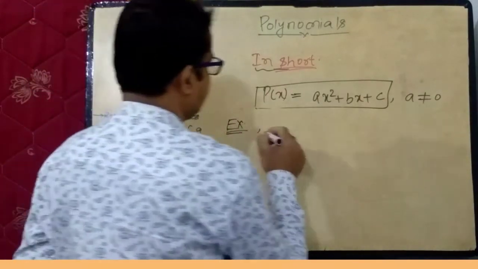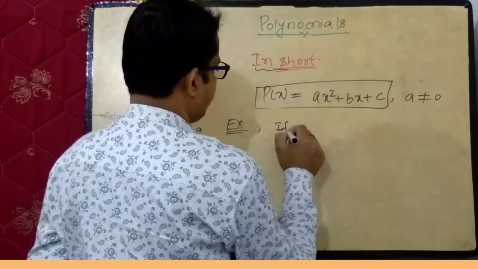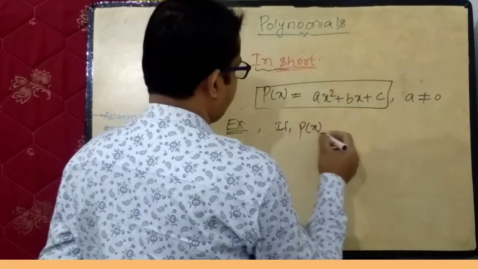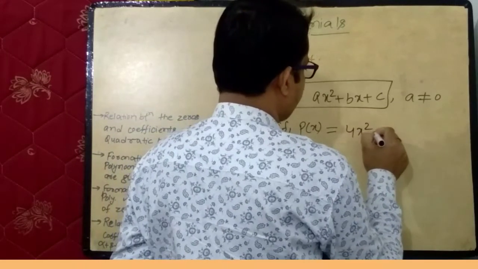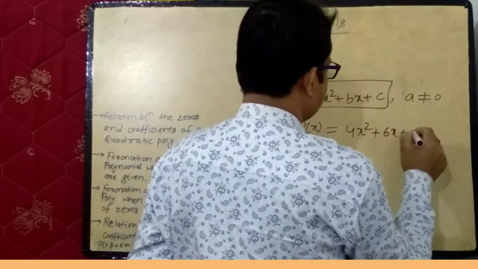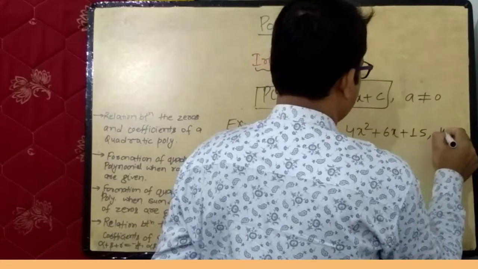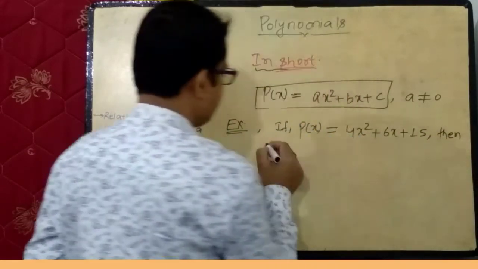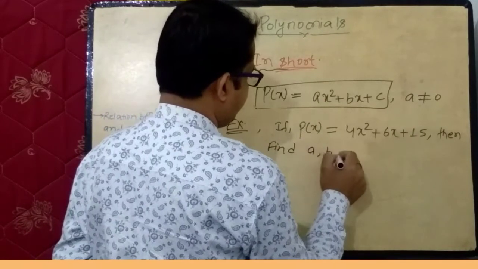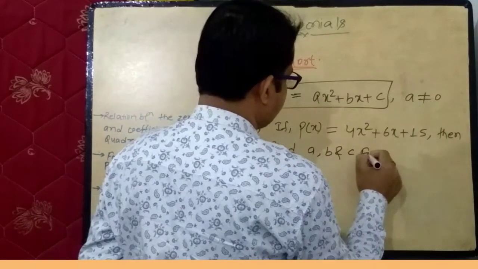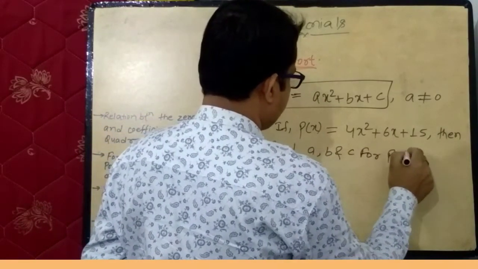Consider an example. If p of x equals 4x square add up 6x add up 15, then find a, b and c for p of x.